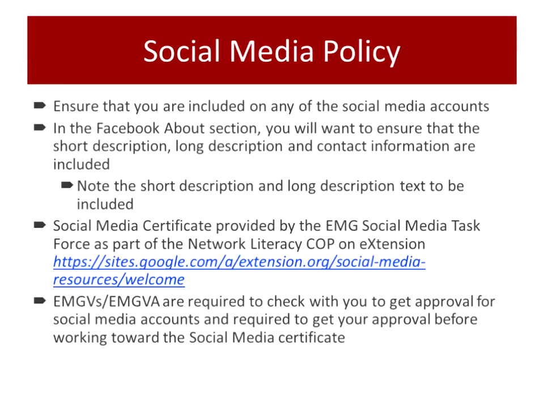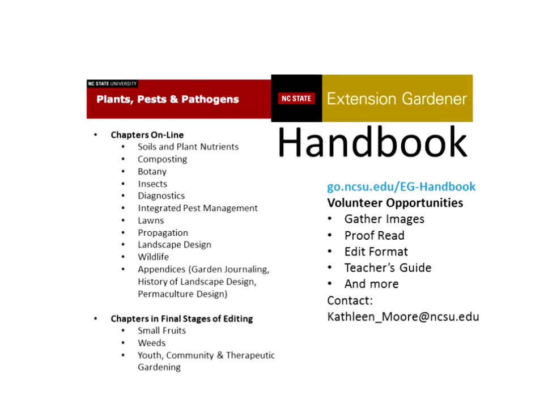Also, there's a social media certificate that has been put together by the Extension Master Gardener Social Media Task Force, which is on eExtension, and you can follow that link. The volunteers are supposed to contact their agents to make sure that they can do that for credit.